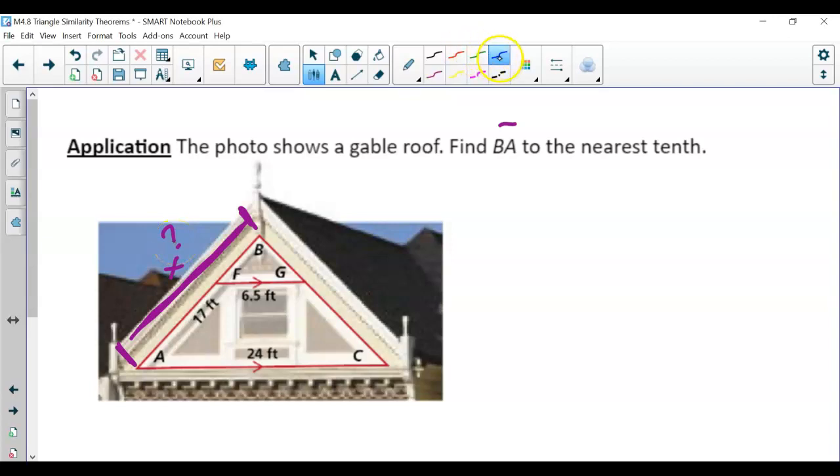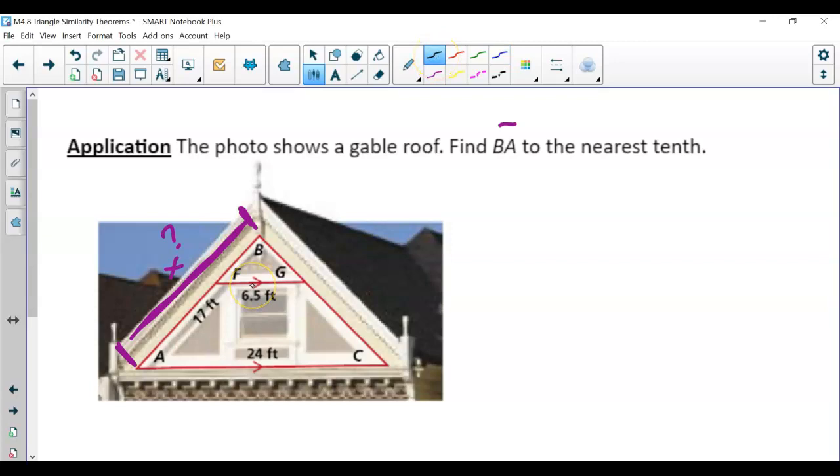Now notice here, we do have parallel sides, which means that we've got base angles that are congruent to each other because of their corresponding angles. F is corresponding to A, G is corresponding to C, making them congruent. So because of AA, we can state that these two triangles, BFG, is similar to BAC.